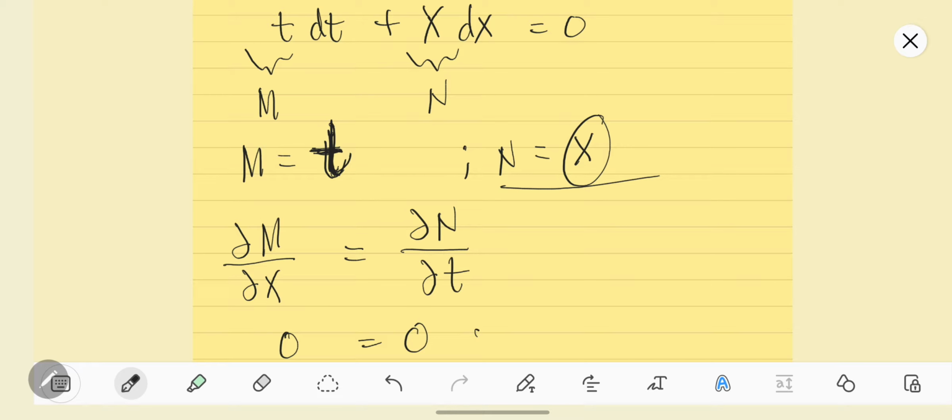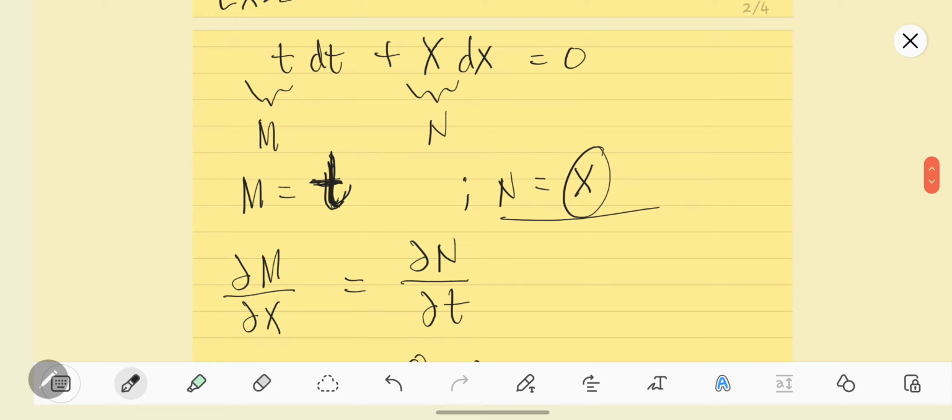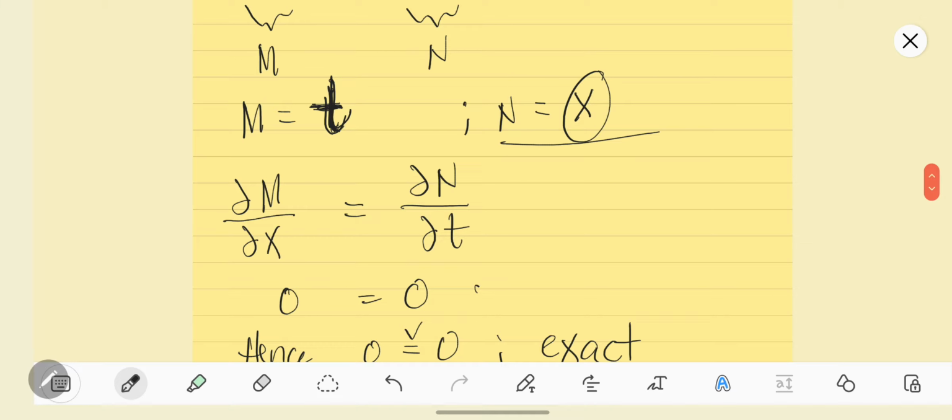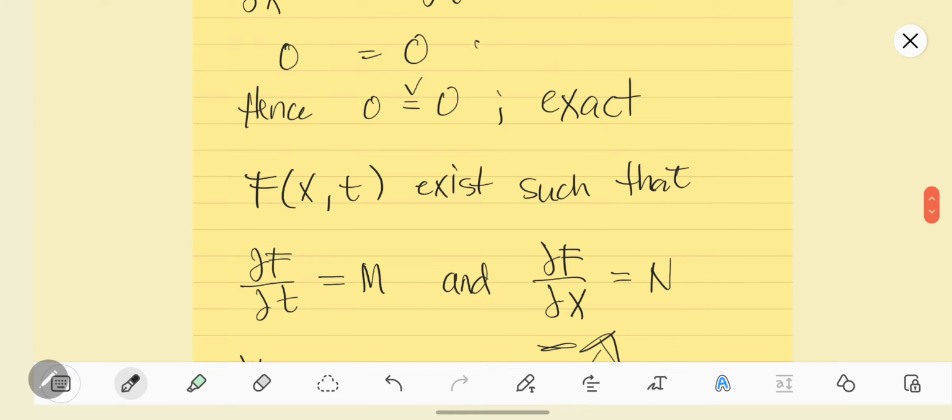The partial derivative of m with respect to x must be equal to the partial derivative of n with respect to t. The derivative of t with respect to x is 0, and the partial derivative of x with respect to t is also 0. So 0 is equal to 0, then the equation is exact.